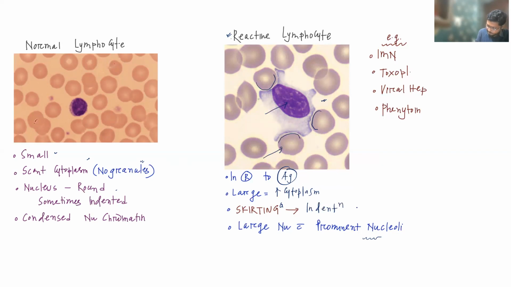This is also a feature of reactive lymphocytes, classically found in infectious mononucleosis, but it can also be found in toxoplasmosis, viral hepatitis, and phenytoin.